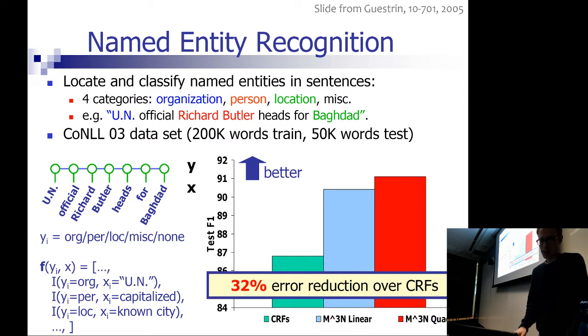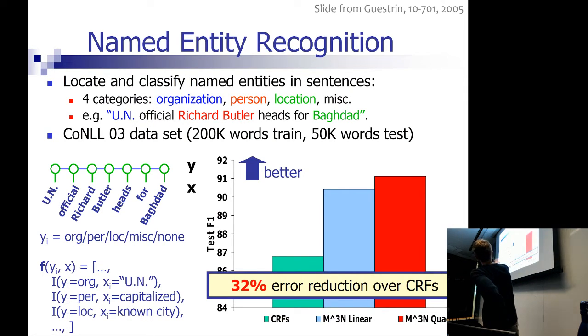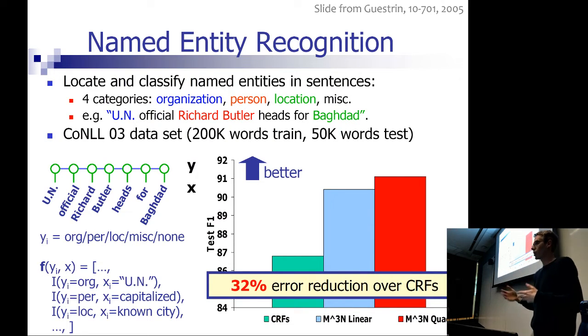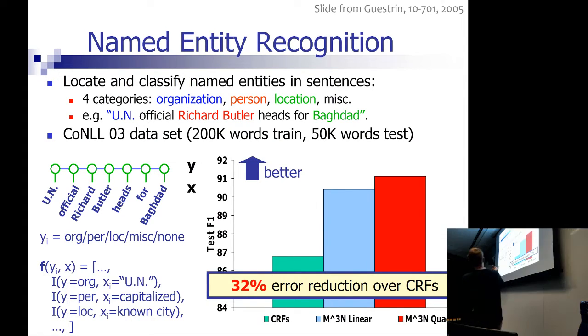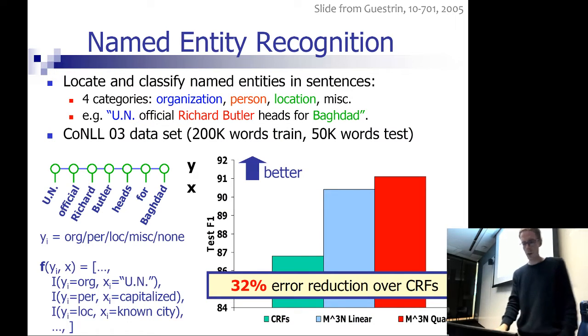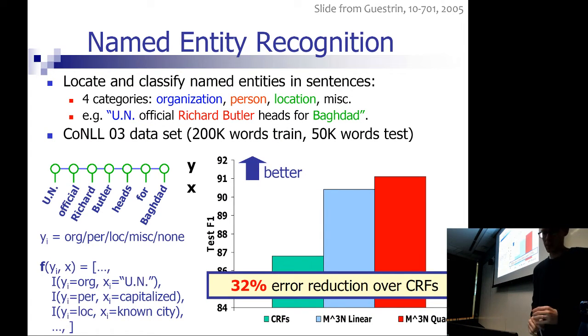Okay, so named entity recognition is just a tagging task. I'm not going to go into details here. It's similar to what you were doing on homework 1, where you were trying to label actual natural language. Here the goal is to identify persons, organizations, and locations, or a fourth category, miscellaneous.